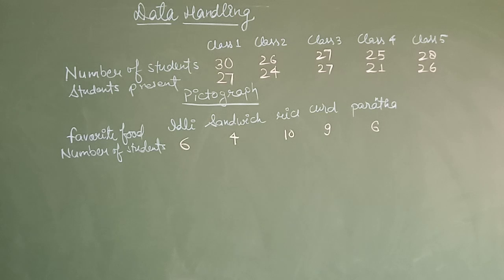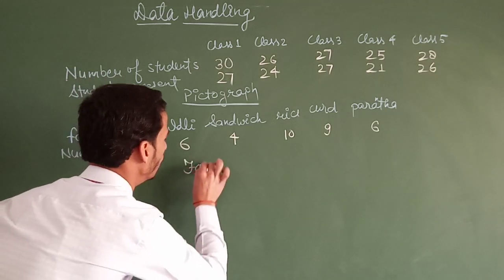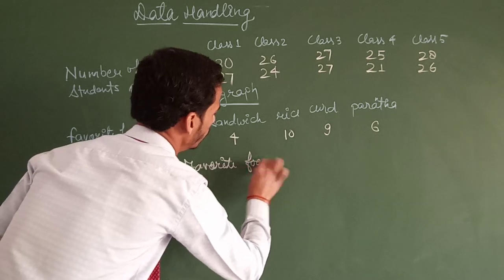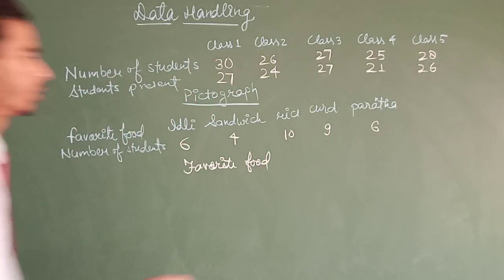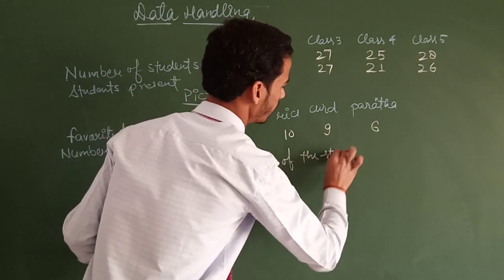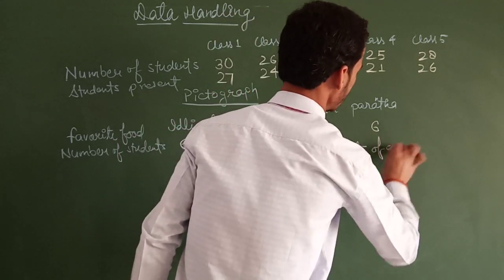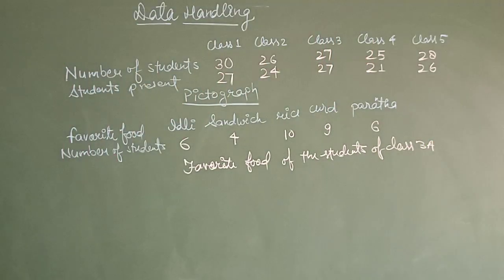There is a pictograph and a table of the favorite food of the students of class 3rd A. Now there is some data given here.